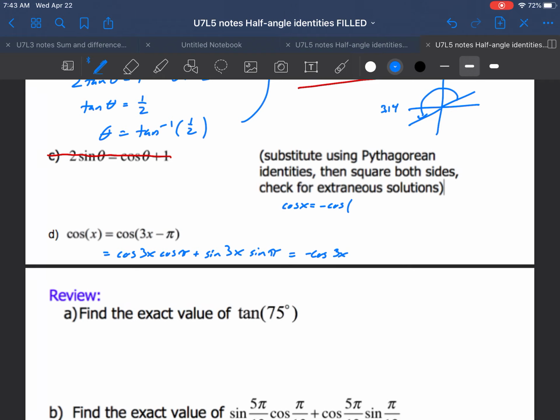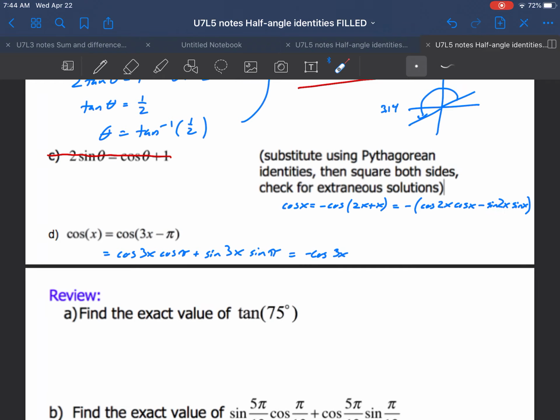So we've got cosine x equals negative cosine. I'm going to write 3x as 2x plus x, which is negative. And then let's do cosine of a plus b. So that's cos 2x cos x minus sine 2x sine x. All right, cool. And it fit. Sine 2x, that's actually 2 sine x cosine x.